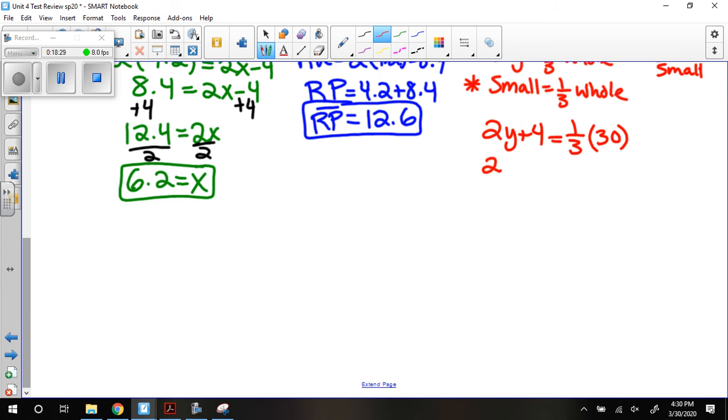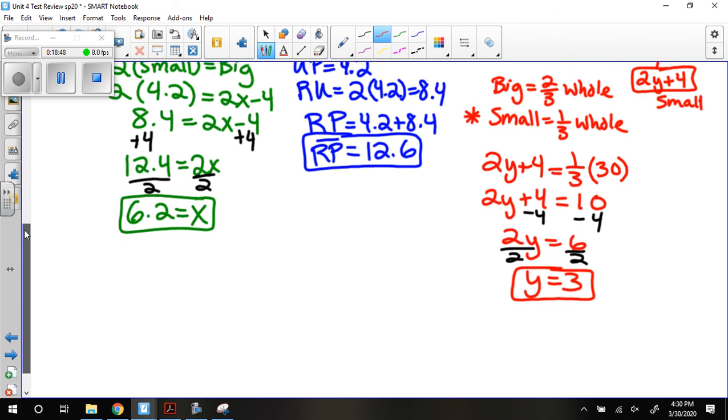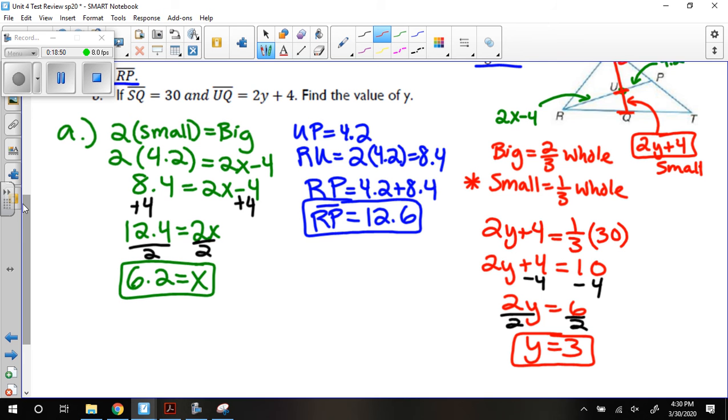So we've got 2y plus 4, 1/3 of 30 is 10, and then we solve. Minus 4, 2y equals 6, and divide by 2, so y is 3. They just ask you to find the value of y.